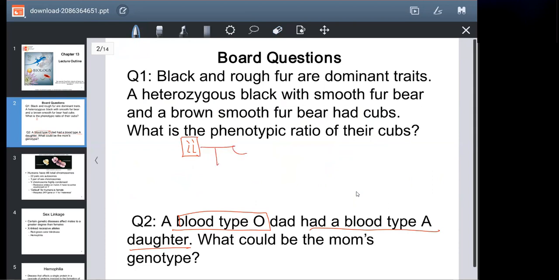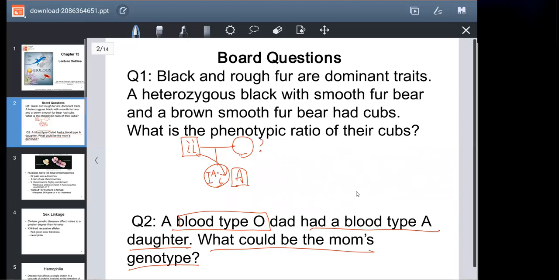He and mom had a daughter, and she is blood type A. What could be mom's genotype? Let's think through this. Dad can only give little i, and the daughter is A, so the other allele must be what? Big I^A. So what is mom's genotype?